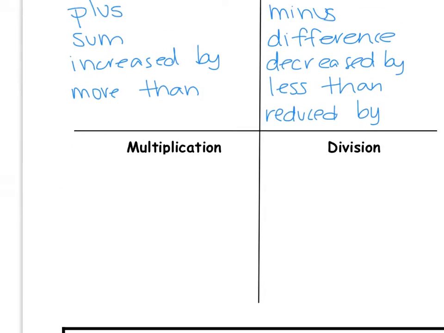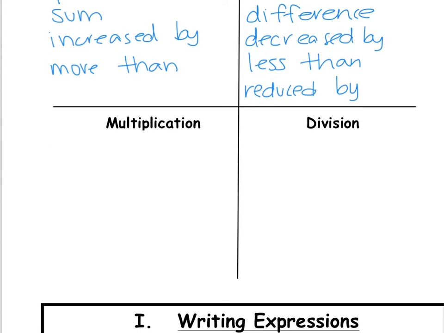Okay, multiplication and division also have words that are used to represent their operations in algebraic expressions. Multiplication, if you remember from elementary school, times means multiplication. The answer to a multiplication is product, or what is the product of two numbers, and multiplied by.